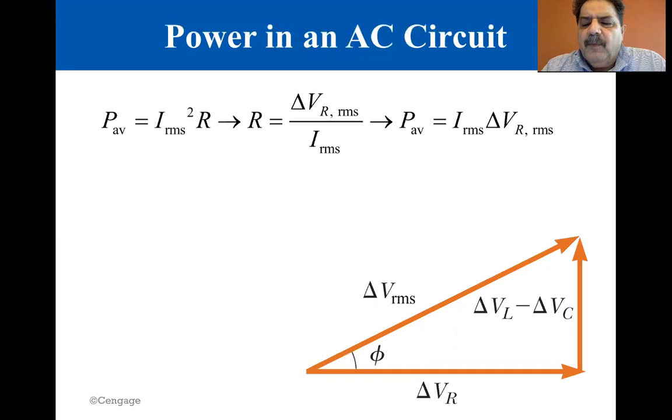Let's substitute R from Ohm's law into our power equation. Now we have an alternate equation for the average power loss in an AC circuit.